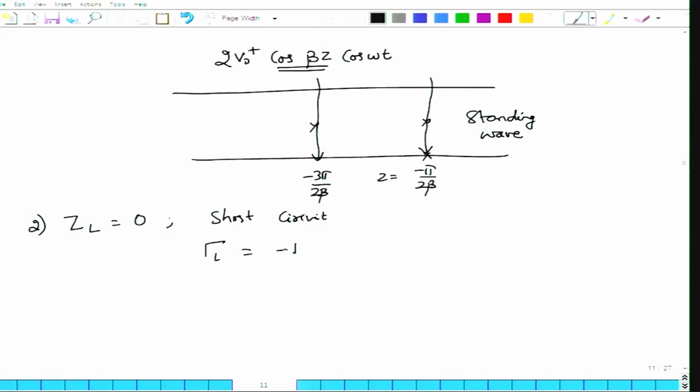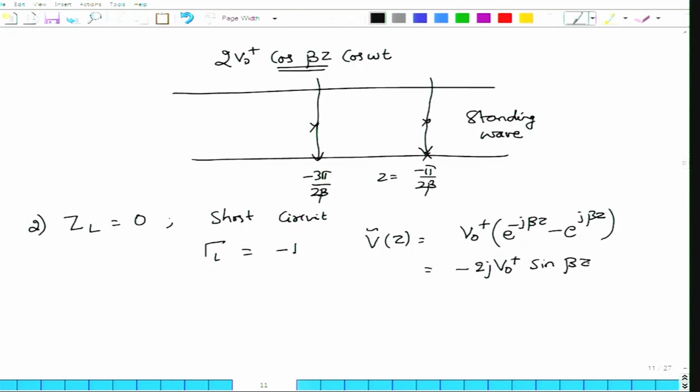Because gamma L happens to be -1 in this case, the total voltage phasor V(z) that I get will be of the form V0+ e^(-jβz) - e^(jβz), or simplifying by utilizing the relationship of trigonometric and complex exponential, this would be -2jV0+ sin(βz).